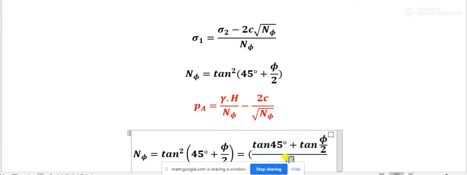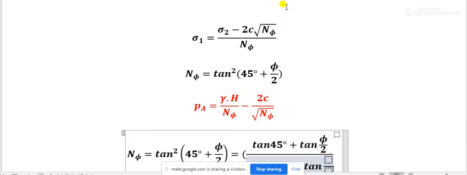Tan 45 degree plus tan phi by 2 divided by 1 minus tan 45 degree tan phi by 2.